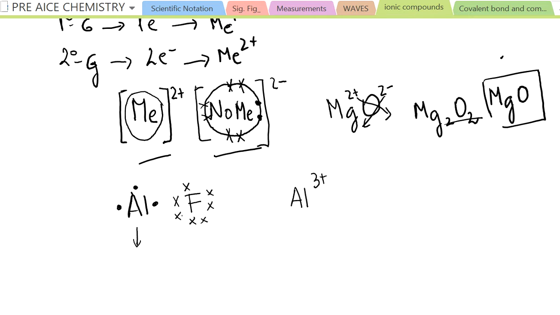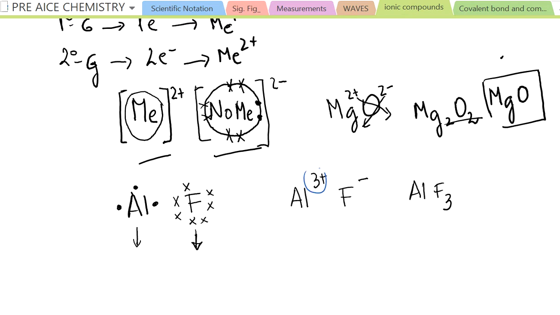Okay, so how many electrons does the fluorine need? 1. So the fluorine is going to become what? Negative. Negative what? 1. So I put only the negative sign, yes? What is going to be the formula for this? AlF3. Because I take this one, I don't see my mouse now.